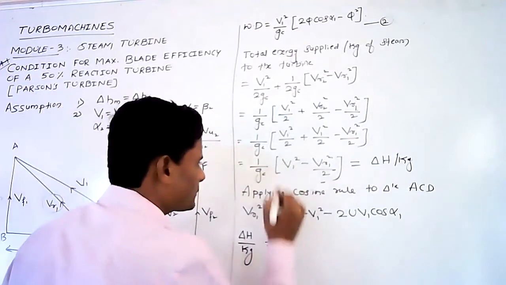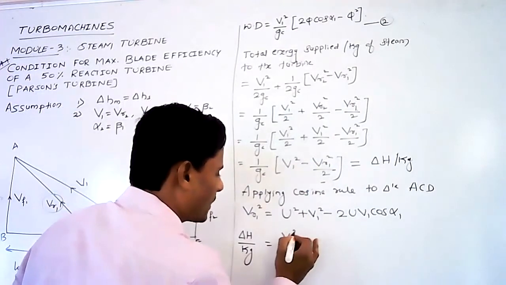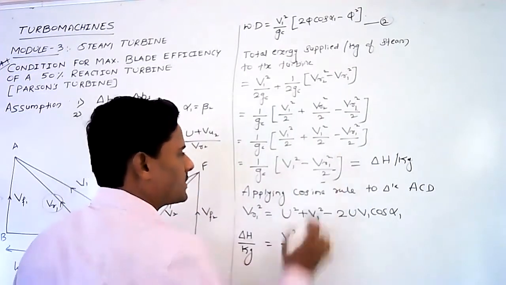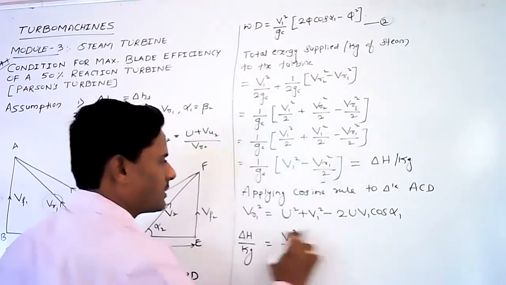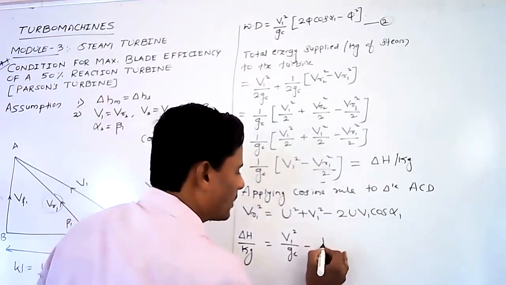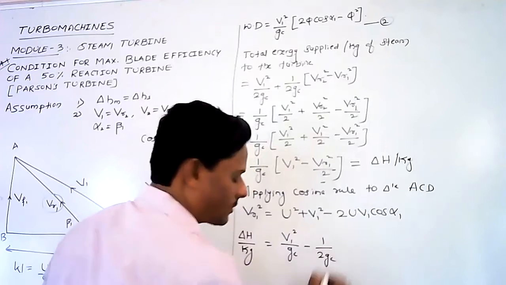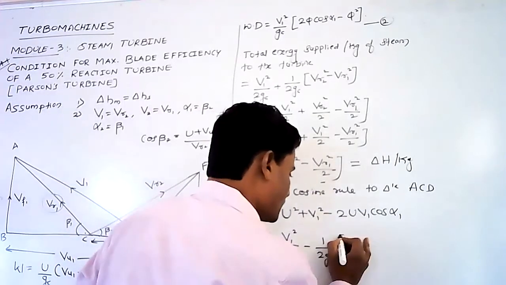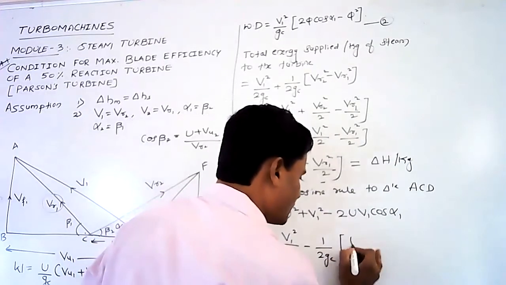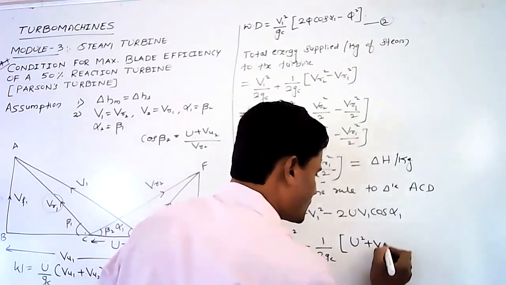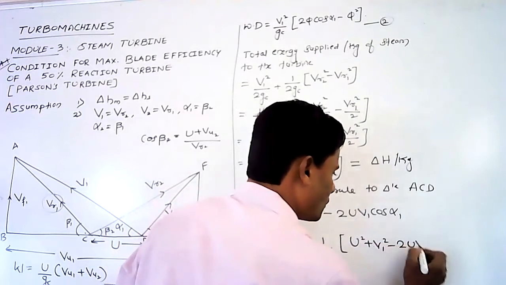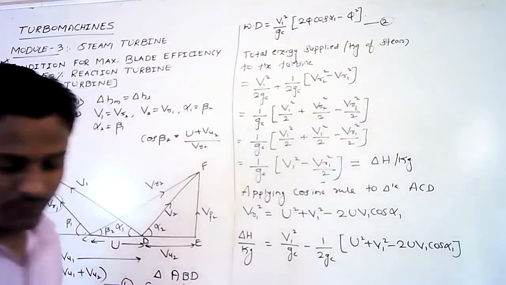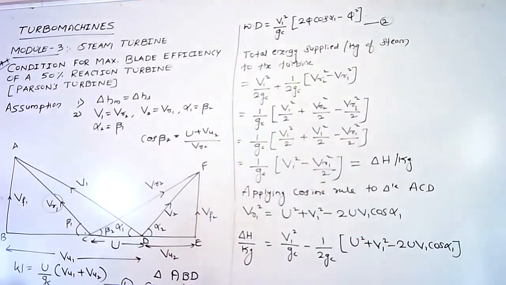So I can write here V1 square by GC minus, instead of this VR1 square, let us write this complete term, 1 by 2 GC into U square plus V1 square minus 2U V1 cos alpha 1. Okay.